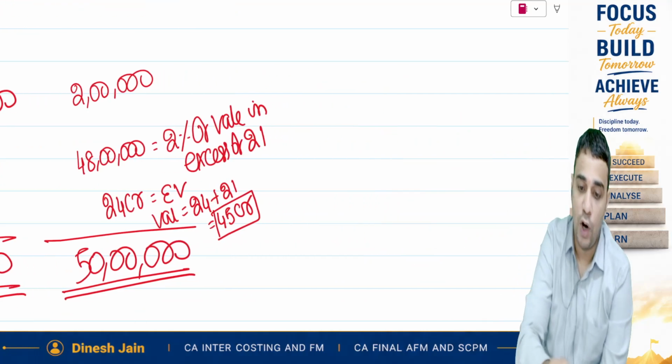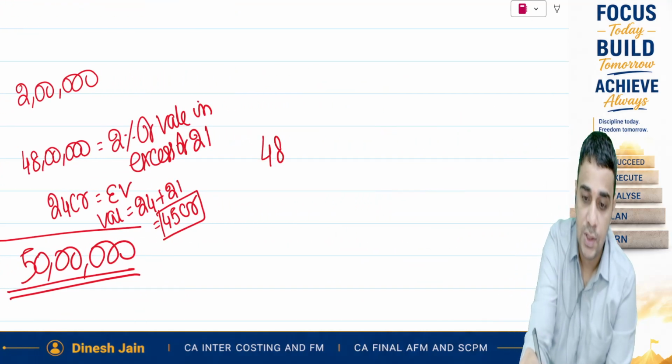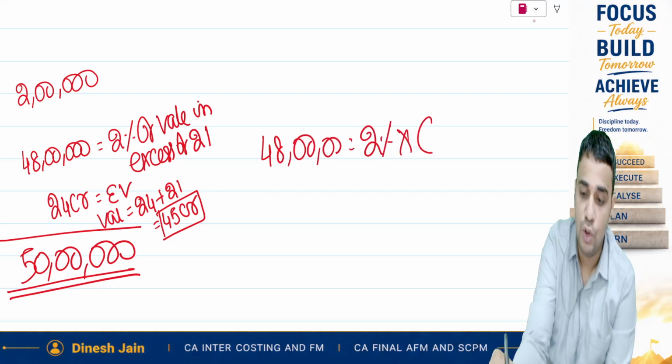This 48 lakh is equal to 2% into closing value minus 21.